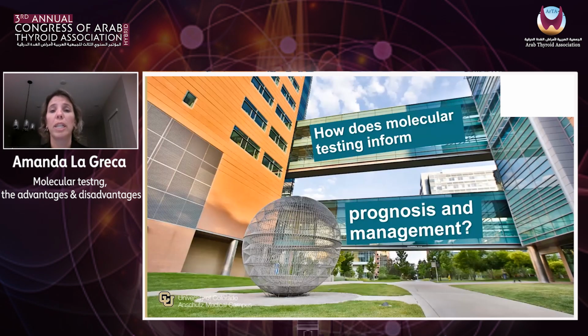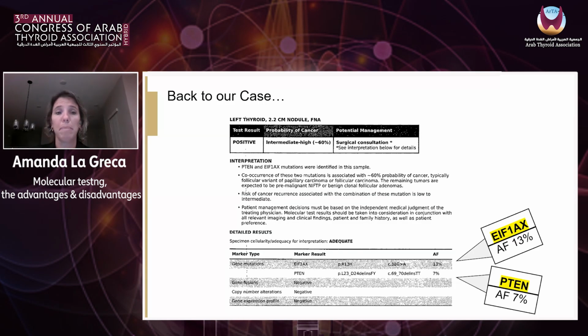So how does molecular testing inform prognosis and management? We're going to go back to our case. In this patient, Thyroseq was read as positive with an intermediate to high probability of cancer, called 60%, and the mutations found were IFAX and PTEN.